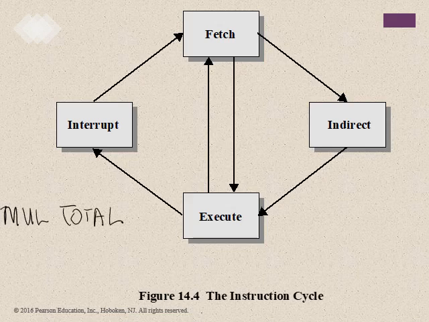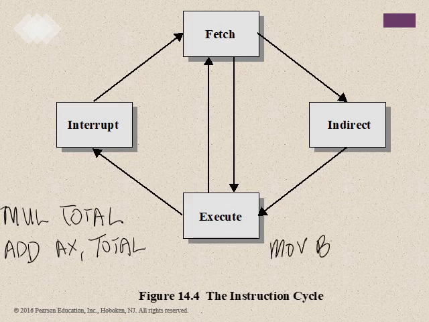We can also have two operands at AX total. And don't forget, we also have indirect addressing. So for example, move BX, comma, total. Yeah, indirect addressing. If indirect addressing is used, then additional memory accesses are required.